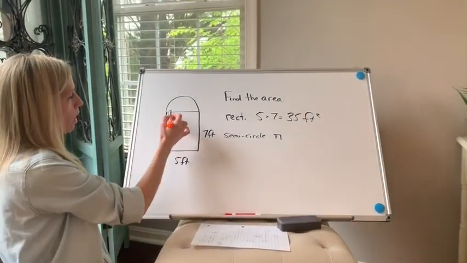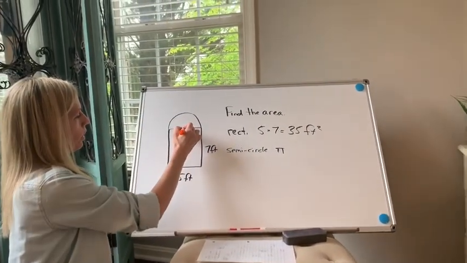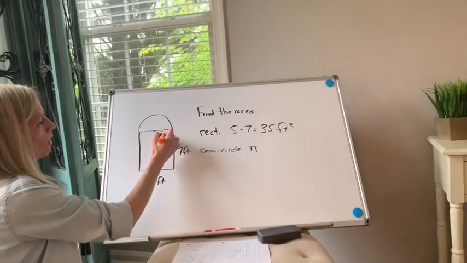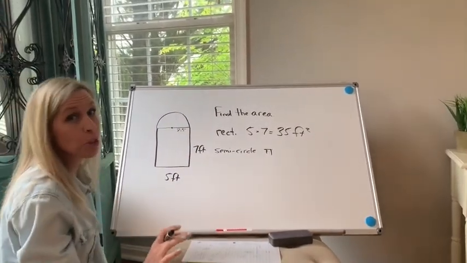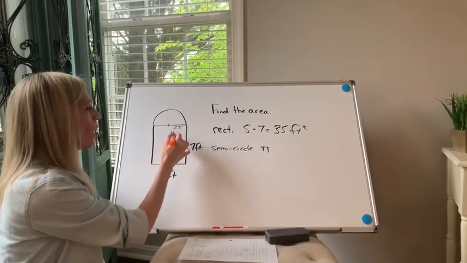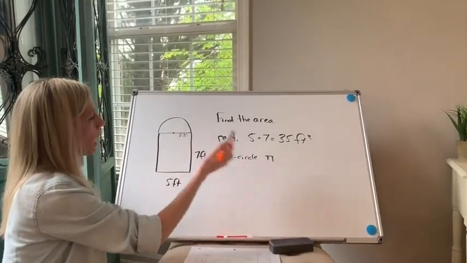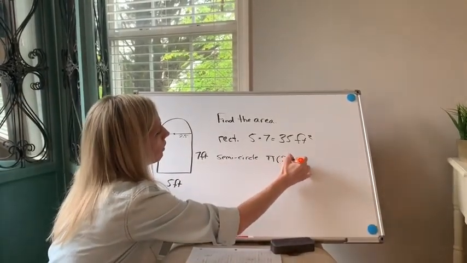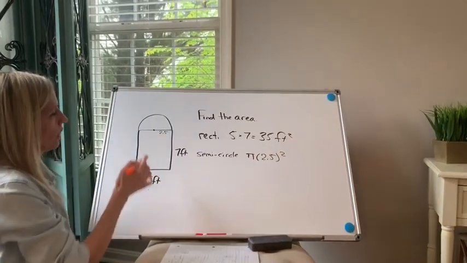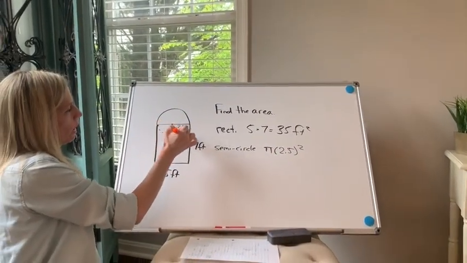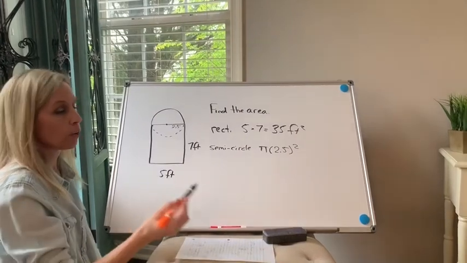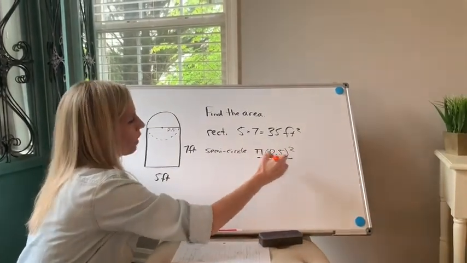If all the way across is 5, if I put a point right here in the center, that would mean that this is 2.5, so that becomes our radius. And so I'm going to say pi times 2.5 squared. That gives me the area if I was looking at the entire circle. And so I want to divide that by 2 because I only have half of it.